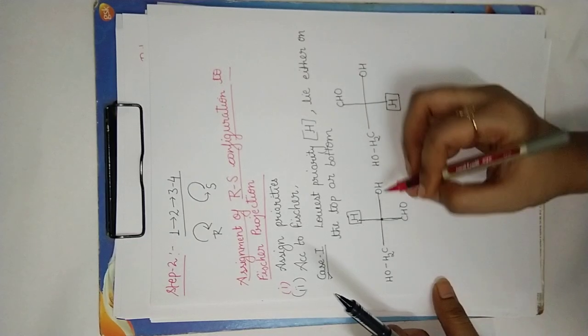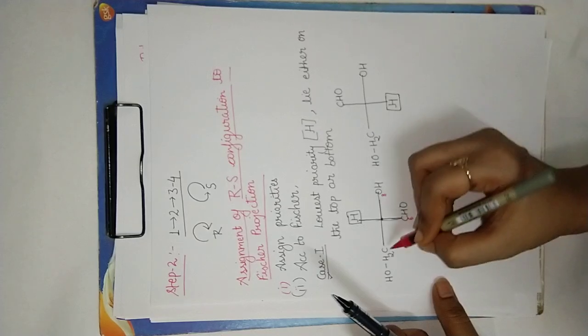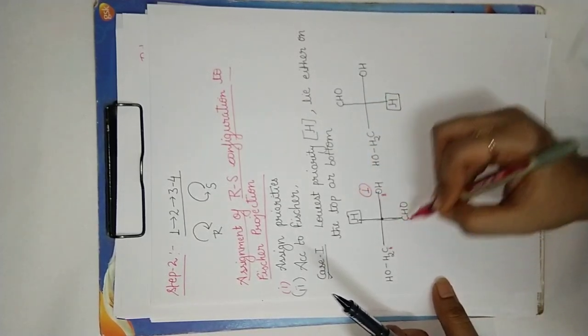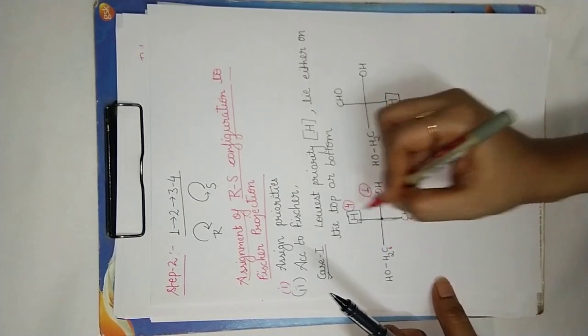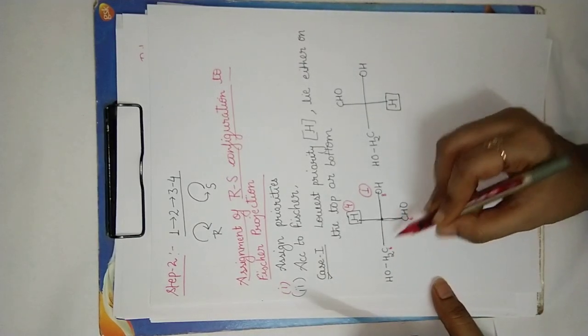This is a carbon, one atom which has atomic number 8, and the others 6 and 6. This will get number 1. In these two, this will get number 4. In these two atoms, both atoms are similar.